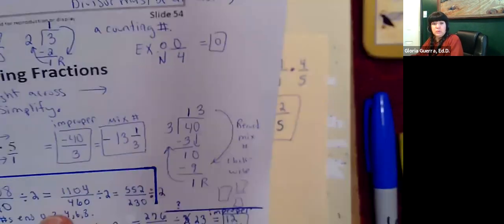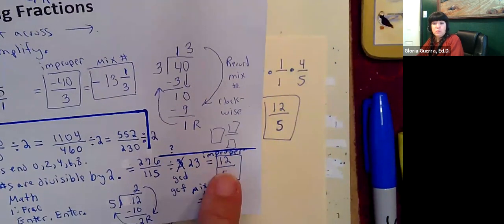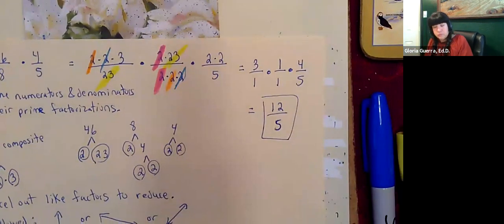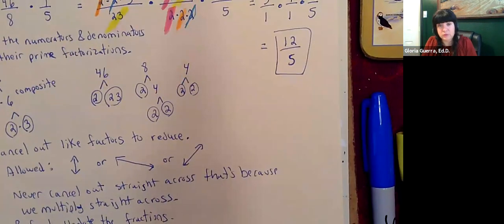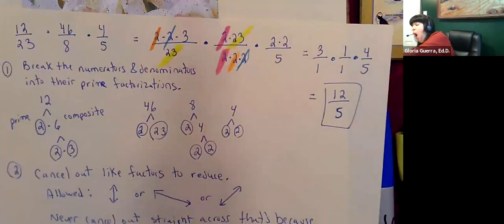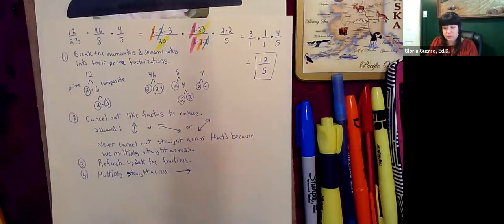We kept reducing it by 2 and 2 and then 23, and we got 12 over 5. All right, so let's check out the next page. Hopefully you got that written down. You can always pause the video if you need more time.